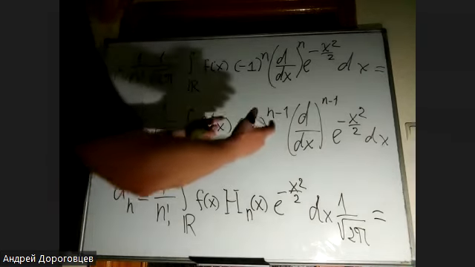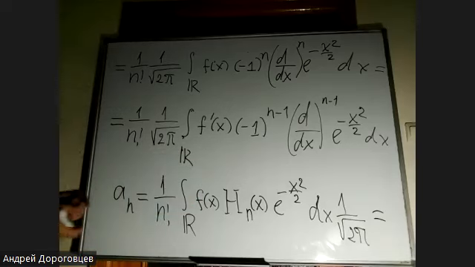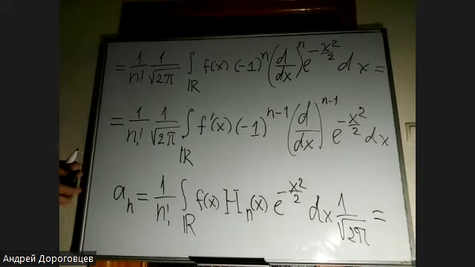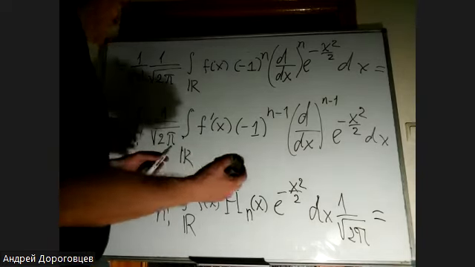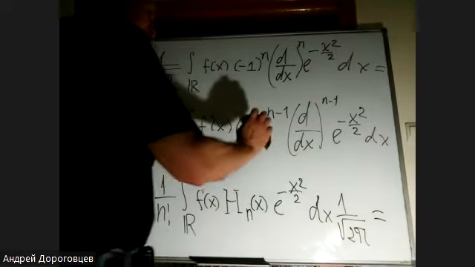Now one can recognize here the expression with the Hermite polynomial of order n minus 1, and let us continue our formula. Let me do this just by rewriting.